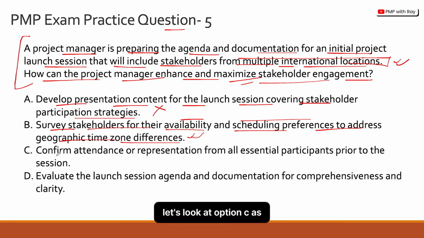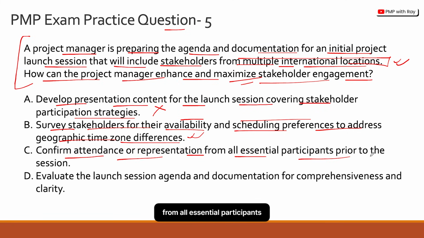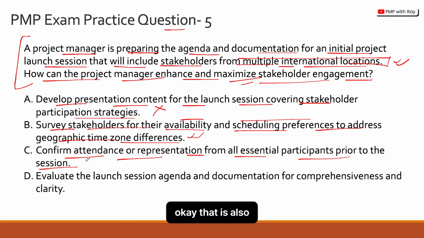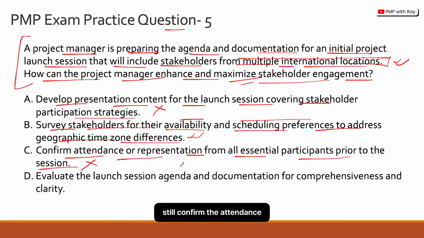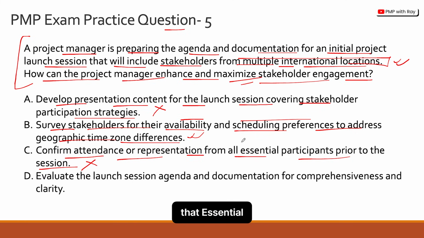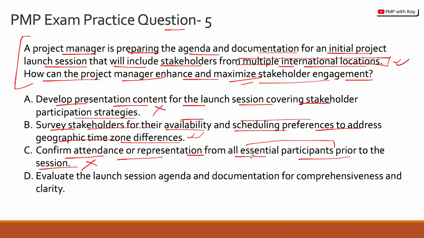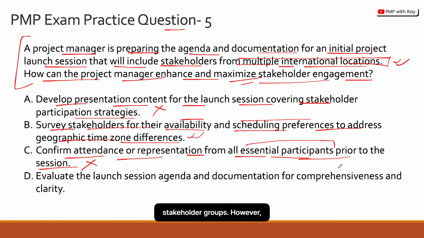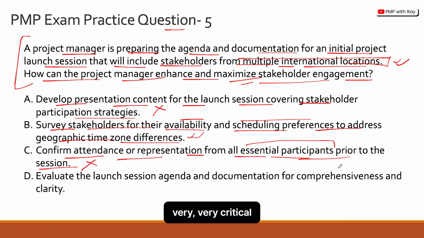However, let's look at option C as well. Confirm attendance or representation from all essential participants prior to the session. Okay, that is also incorrect. They can still confirm the attendance, but they might not turn up. Also, it is equally important for you to understand that essential participants, yes, they are part of your stakeholder groups. However, very critical, participation is not equivalent to engagement, right?